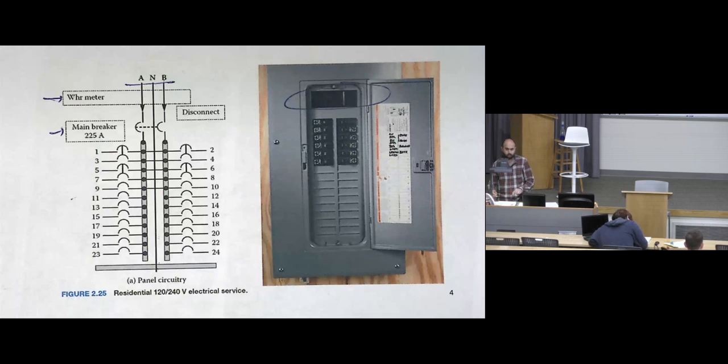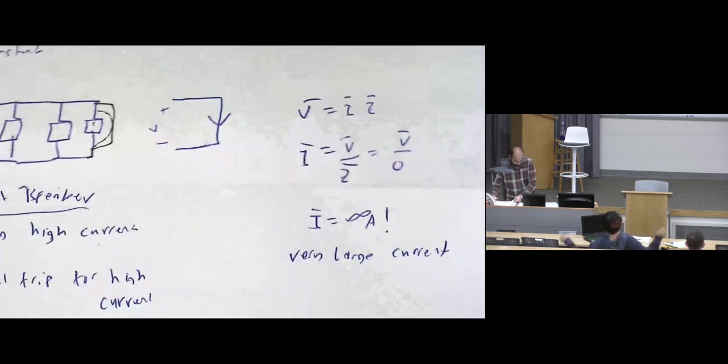But if the circuit breaker didn't trip, what will happen? Why do we put the circuit breaker? To avoid high currents. What do high currents cause? It can cause a fire, because of overheating. So why is there overheating? Because of resistance in the wires. Yes. Let's talk about this.